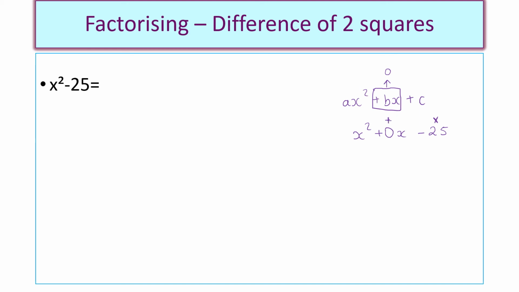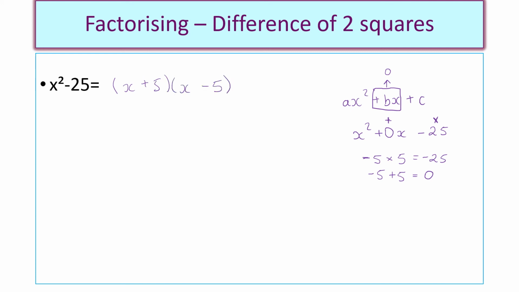Because the answer to multiplication is negative, one number must be positive, the other one negative. So those two numbers are -5 and 5. -5 add 5 is 0. So that's what I need in my question. So x plus 5 and then x minus 5.